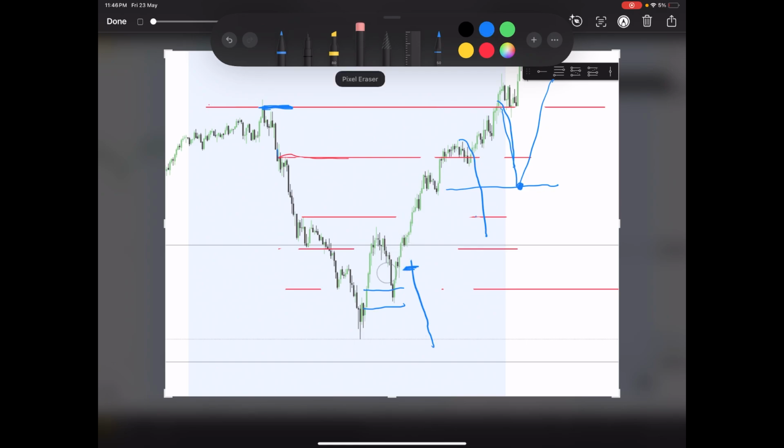Another thing to be careful about when using this strategy is that as soon as the liquidity is swept, you need to be able to take enough profits. Price is not expected to deliver up to this, let's say TP1, TP2, okay, and TP3. Price is not expected to be going to TP2 and TP3, okay?